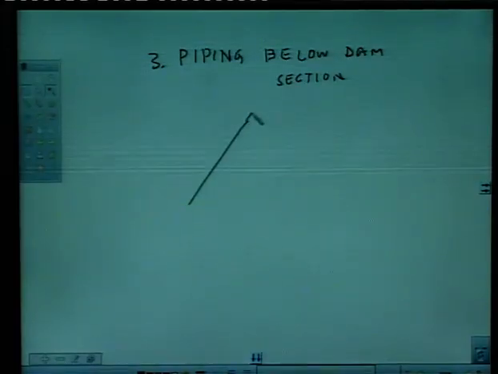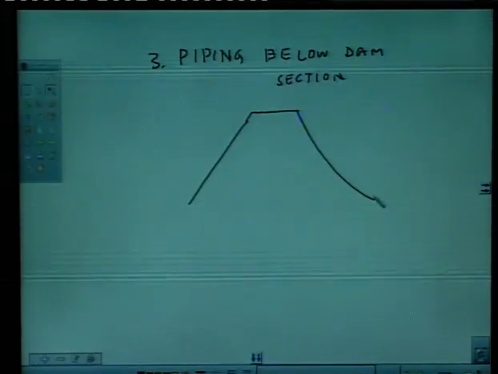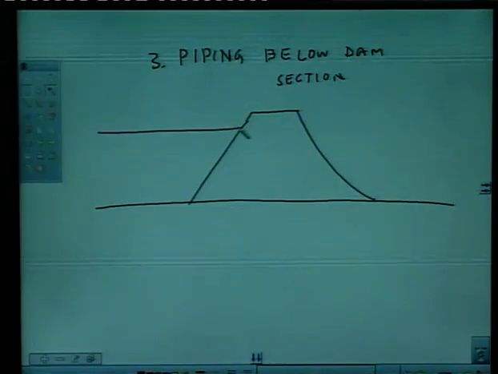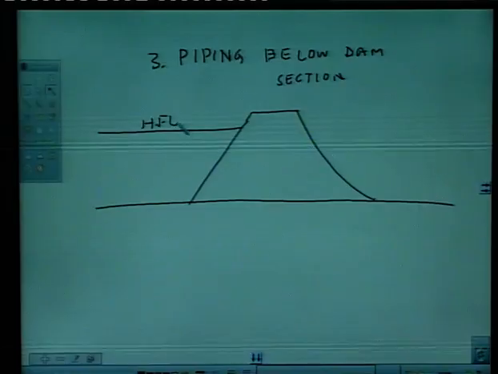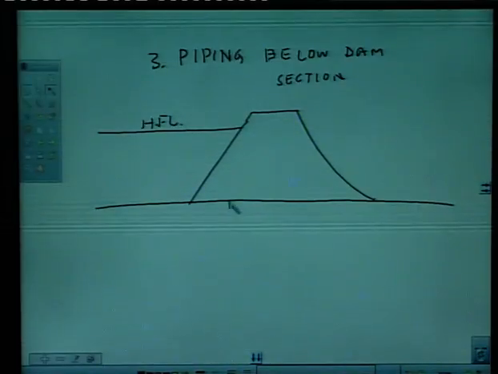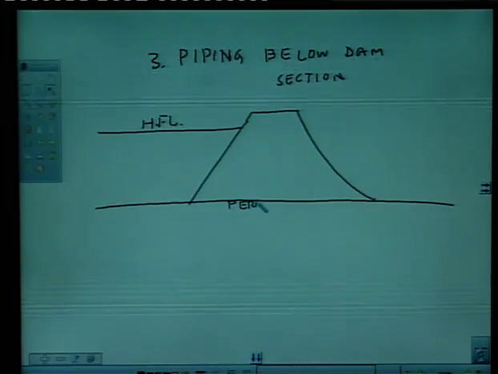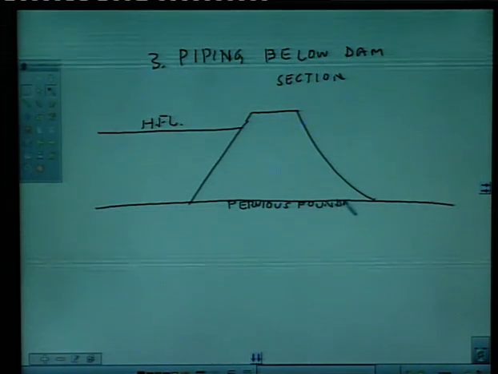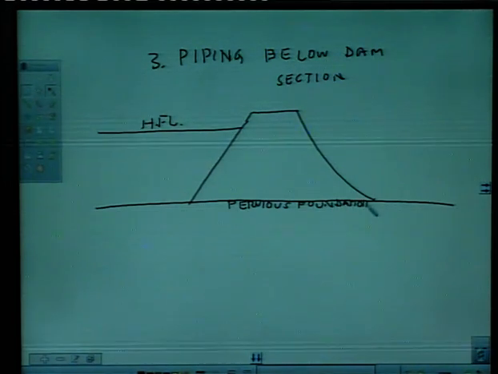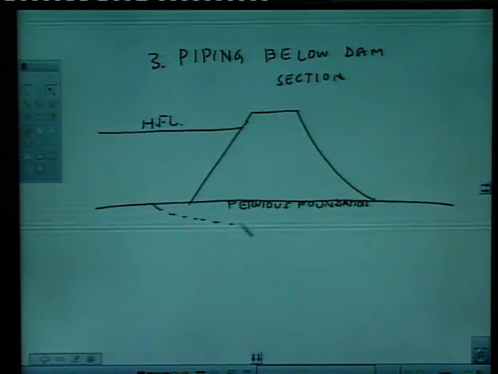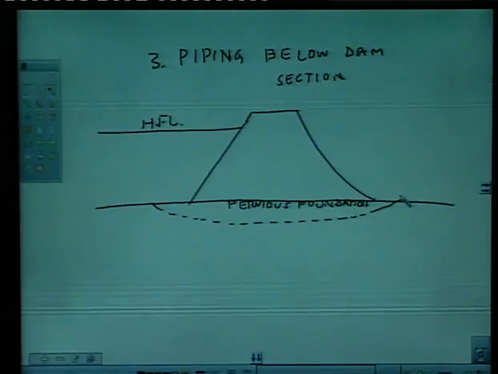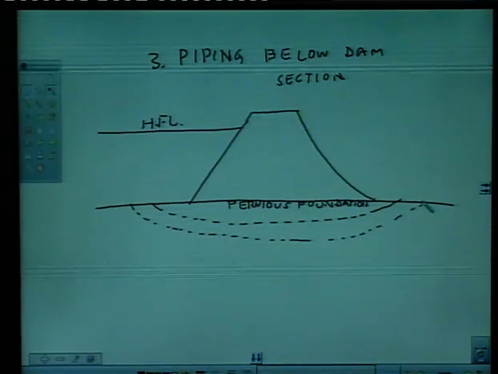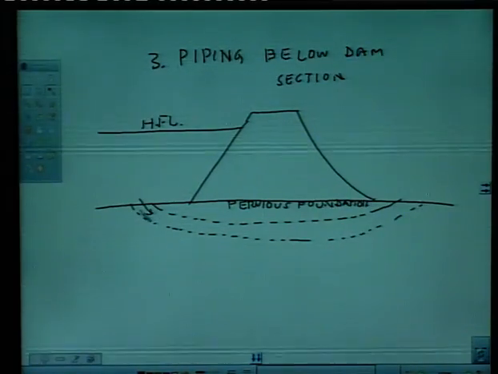I am having this dam section, and this is a pervious foundation. So, this effect is like this one. So, this should definitely be an unstable structure.